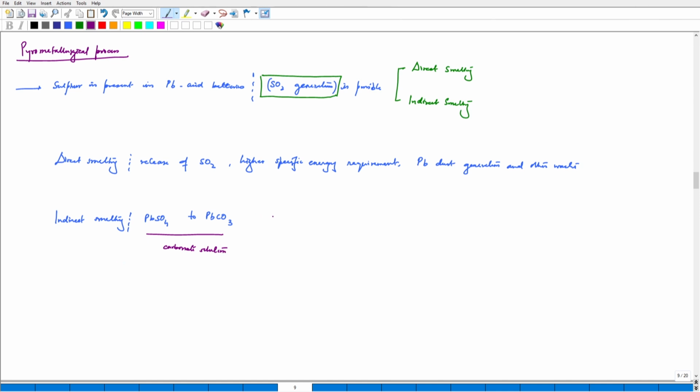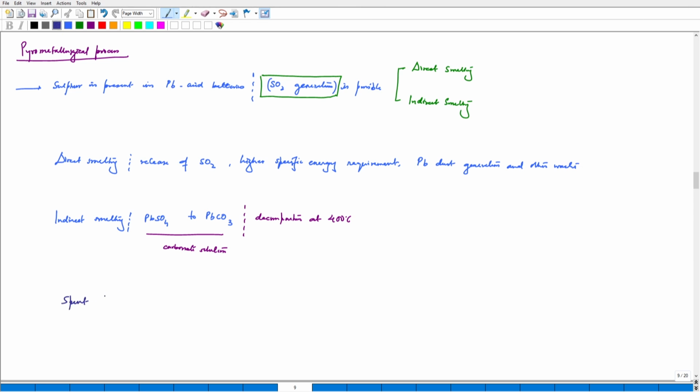And then we are following the decomposition at 400 degrees Celsius. This is a general outline to convert the sulfur and get it out of the system. So lead oxide will be generated. If we are trying to decompose it at 400 degrees Celsius, we'll get lead oxide, and then we can go ahead with further processing.